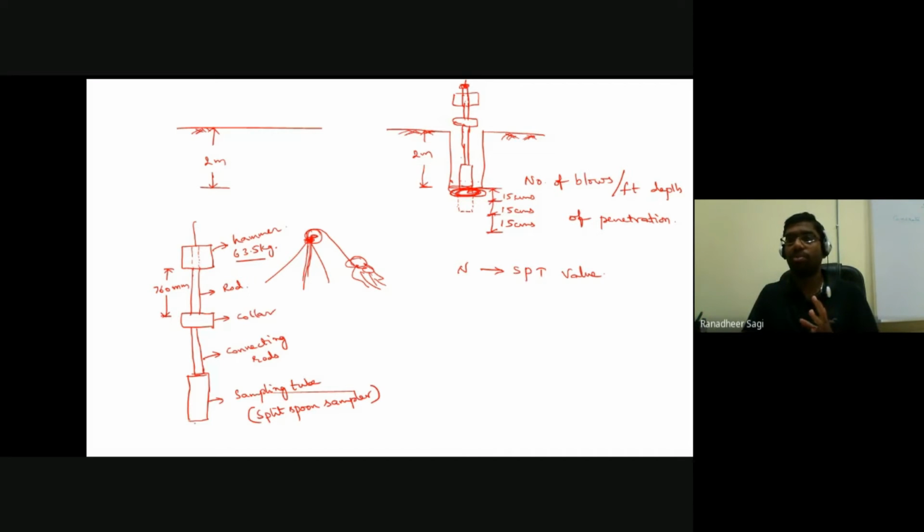So ultimately I am going to mark 15, 15, 15 centimeter interval markings on my connecting rod. Let's say at the ground level, I'll make markings on my connecting rod for 15, 15, 15 centimeters. If this is my connecting rod, this is the position at the ground level, with 15 centimeters marking, another 15, and another 15.